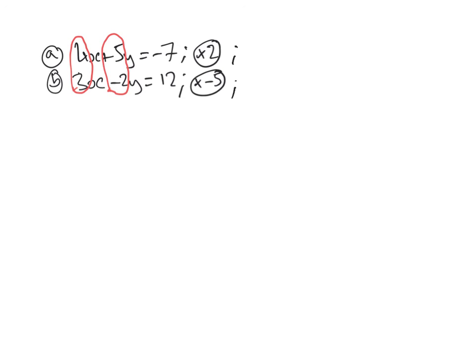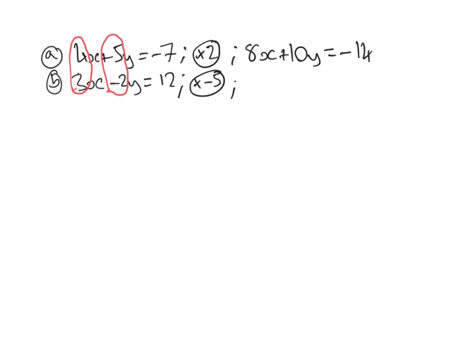So the first one, we've got 4x, we need to times that by 2. That gives us 8x. Plus 5y times 2 is the plus 10y that we want, equals negative 7 times 2, negative 14. All three numbers are being multiplied by that multiplier to keep it balanced.